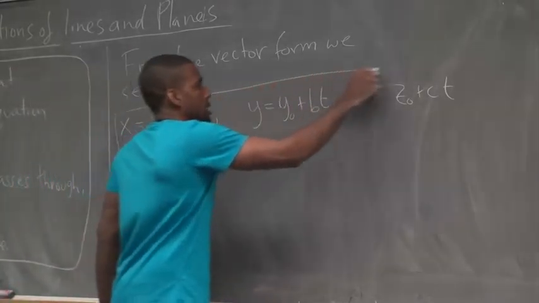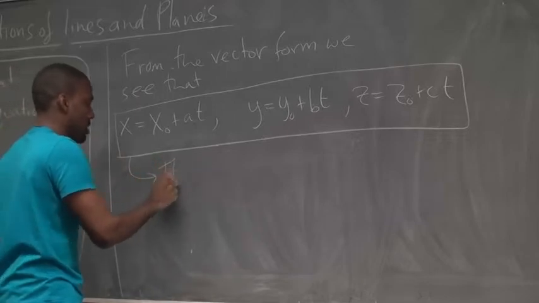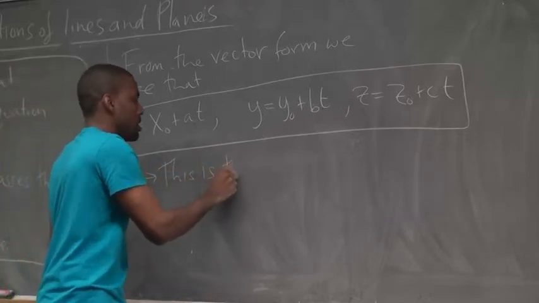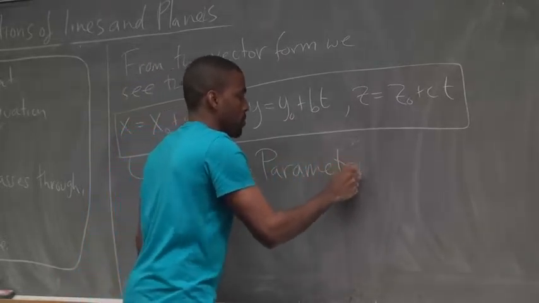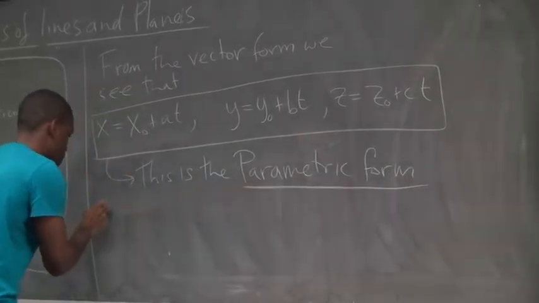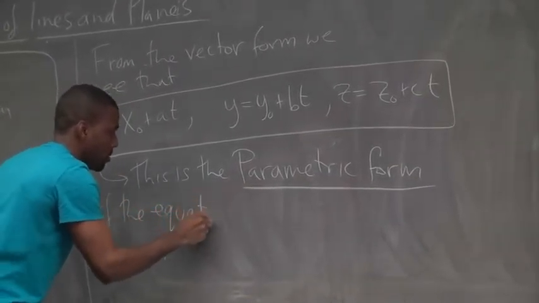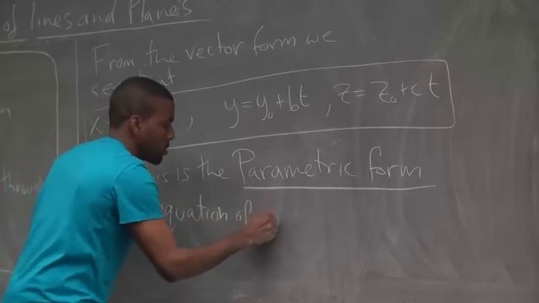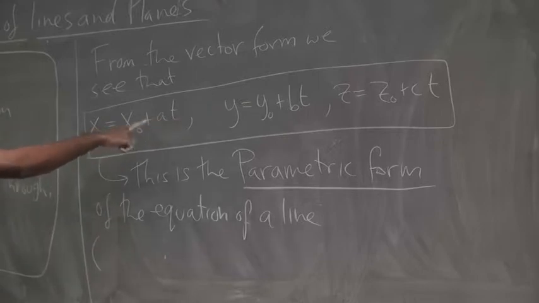This is the parametric form. Each of these are called parametric equations because they're equations in terms of a parameter.